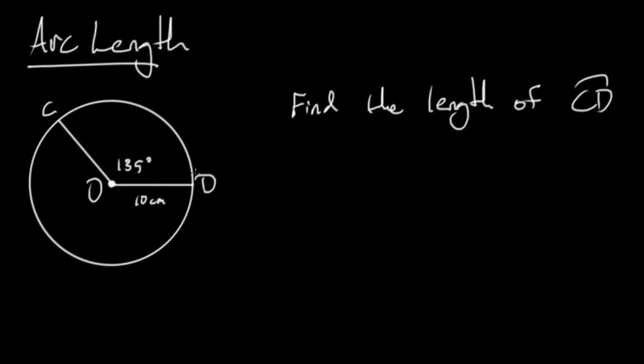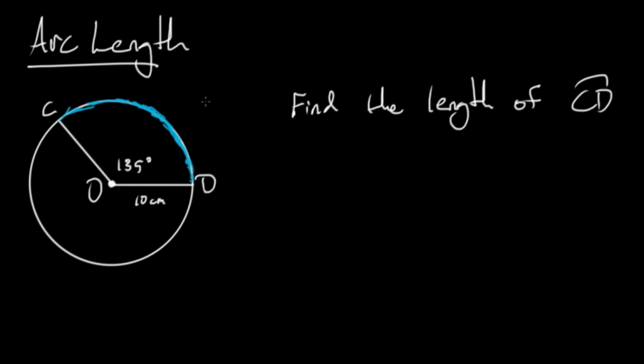But I want to know the length of this arc CD. I want to know this length, not the angle measure of this arc, which is a totally reasonable question to answer. That actual angle is going to be 135 degrees because the central angle and the arc span are the same. But I want to figure out the length of this blue arc.